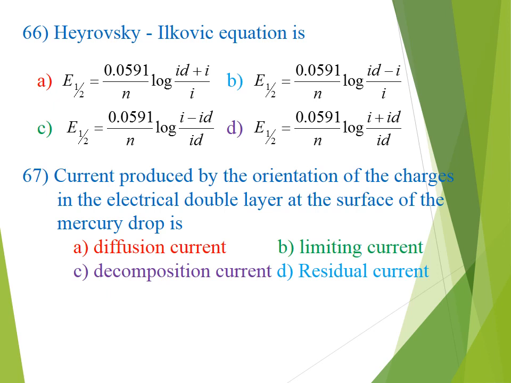Question number 66. Heyrovsky-Ilkovic equation. Option B is correct. Option B, E half is equal to 0.059 divided by n log of ID minus I divided by I. Question number 67. The current produced by the orientation of charges in the electrical double layer at the surface of the mercury drop is known as D, residual current. Option D is the correct answer.